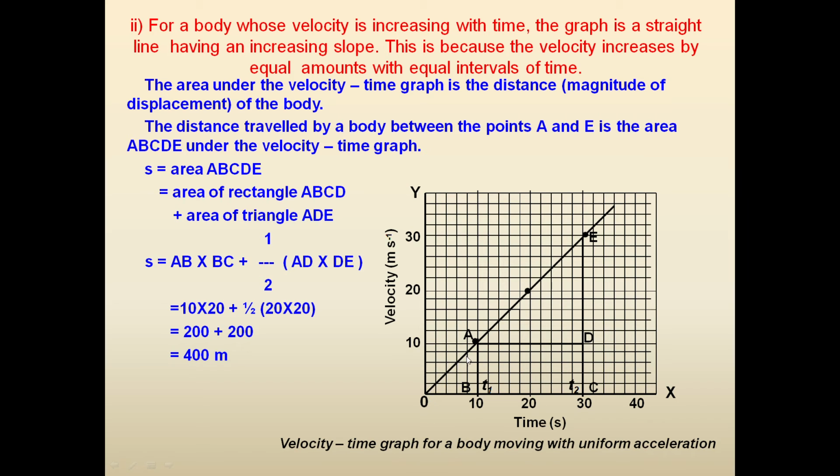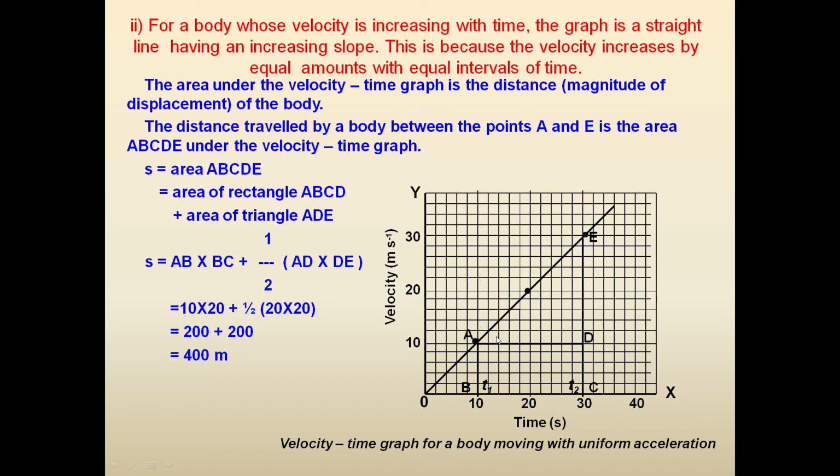So this graph line is inclined to the x-axis. Now from this graph also we can calculate the distance traveled. Let us calculate the distance traveled by a body between point A and point E. So from point A and from point E, you draw perpendiculars and then find the area under the graph.